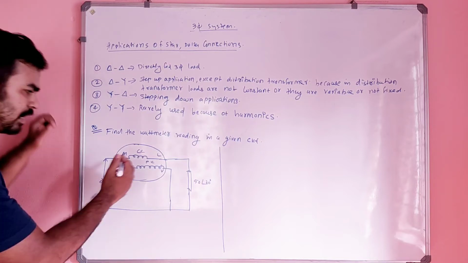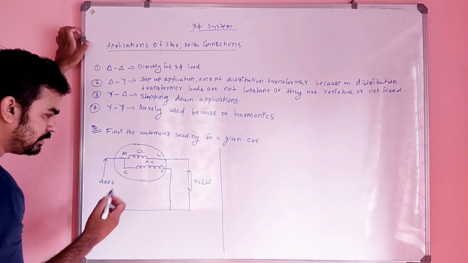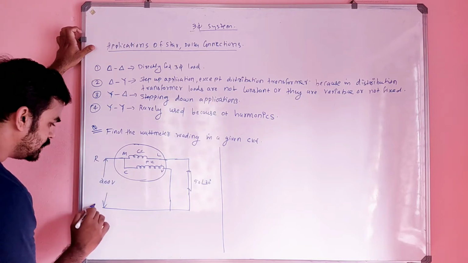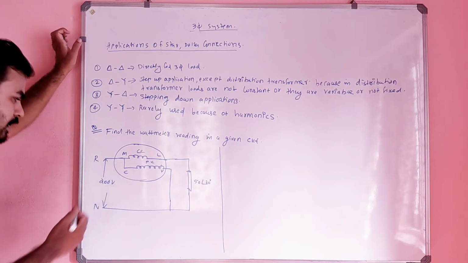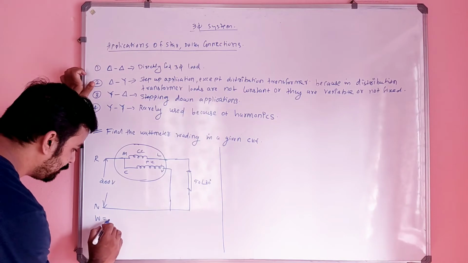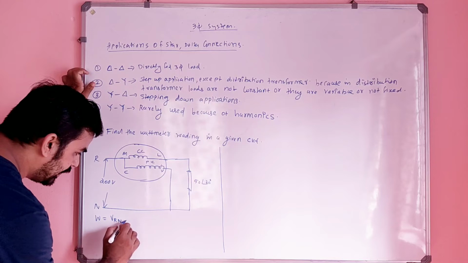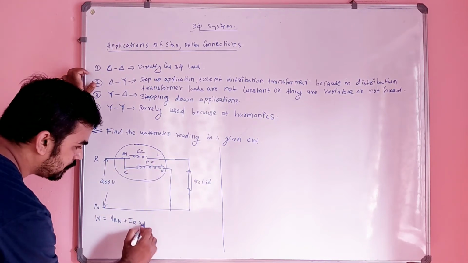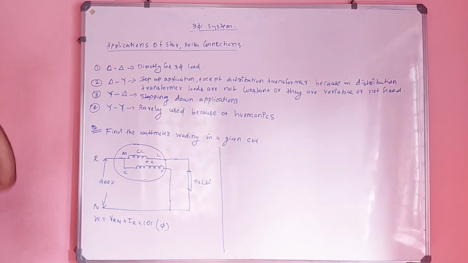So this wattmeter will measure the following. Suppose you consider this as R and this as N, because the return path is normally N. I can write anything. So the wattmeter reading will be the voltage between R and N, times the current in the R phase, IR, times the cosine of the angle between that voltage and current, which is phi.